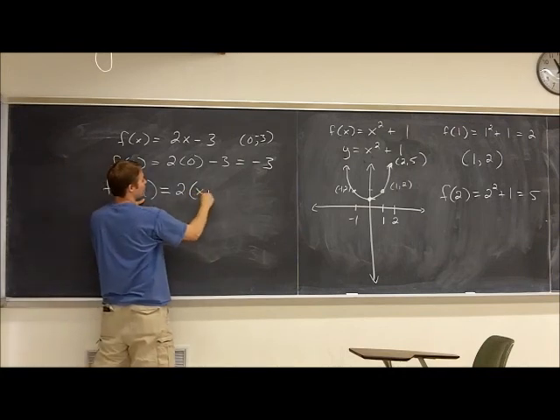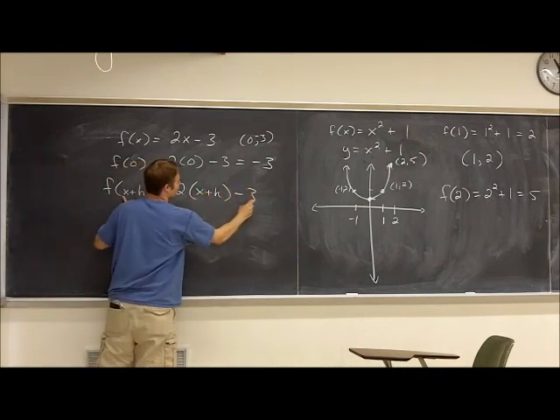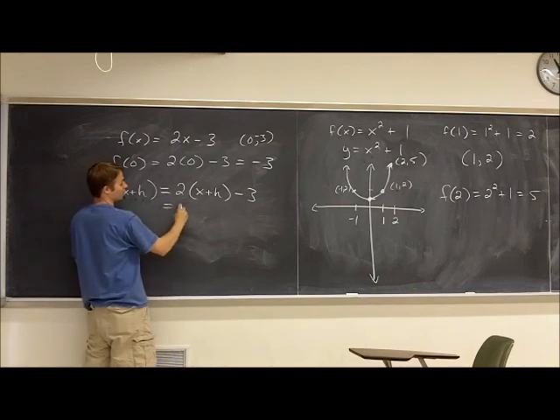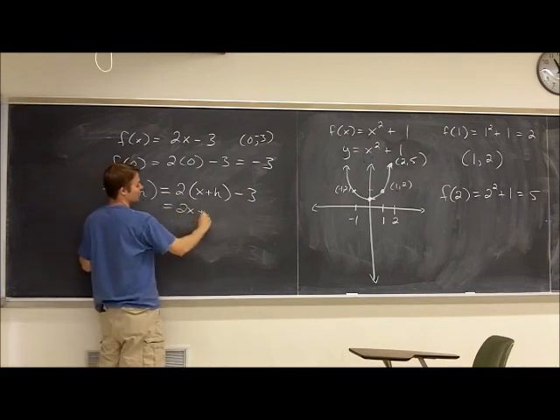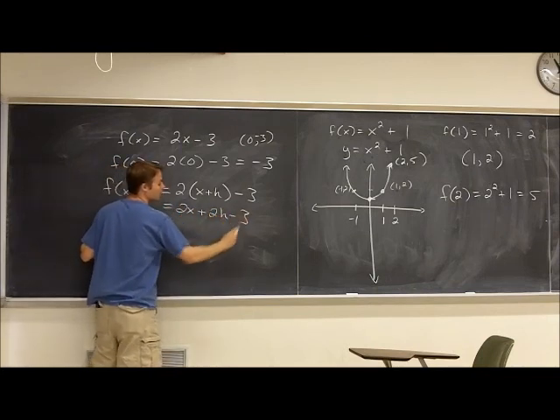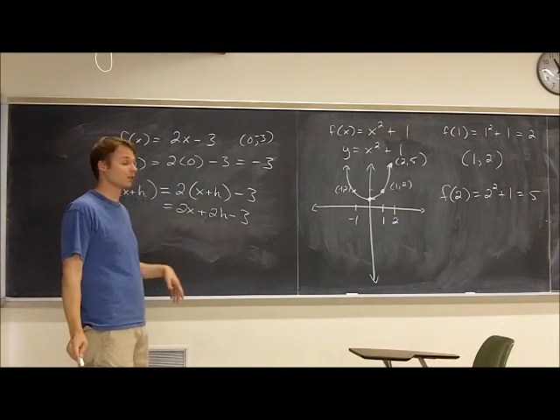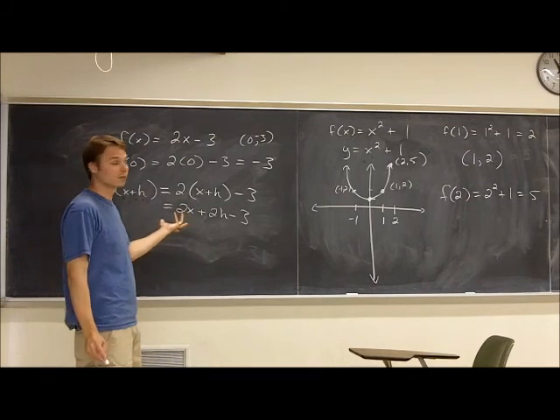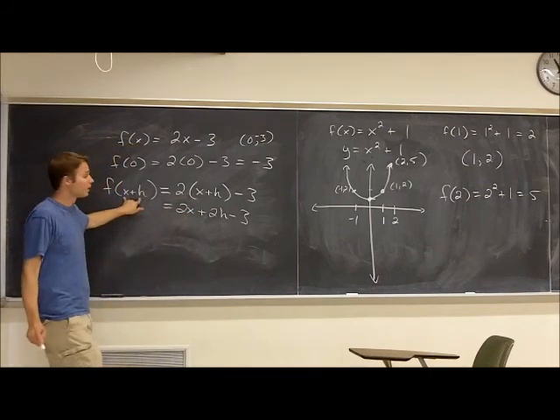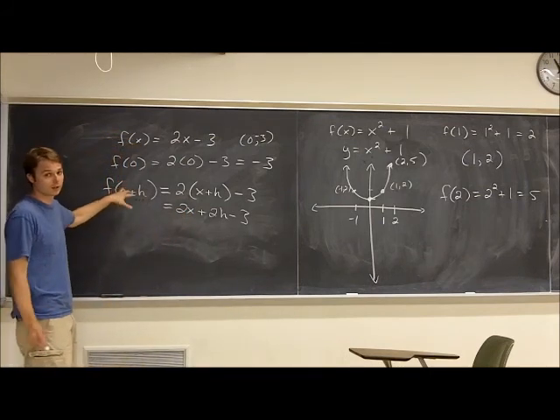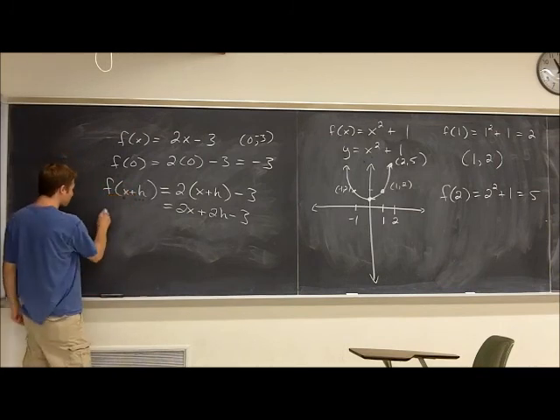So this would be 2 times x plus h minus 3. Or if I do some distribution, 2 times x plus 2 times h minus 3. And we get a different expression. We'll see that this is something we use with functions a lot, to create new expressions from some variables. And so in this case, we're not necessarily dealing with exact numbers yet.